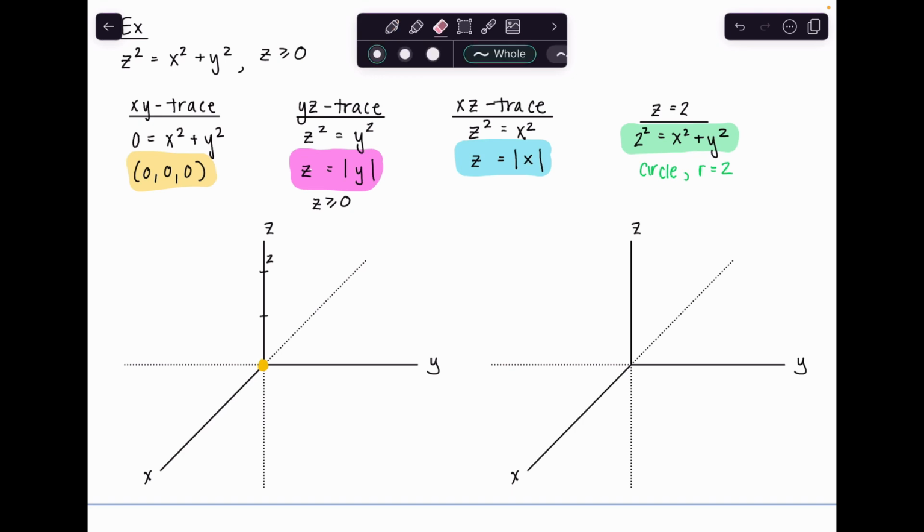Now, if I do my YZ trace, we ignore the x value, and I have an absolute value function. So remember, the shape of that is just going to dissect these directly in half. And this would be the equation z equals the absolute value of y.